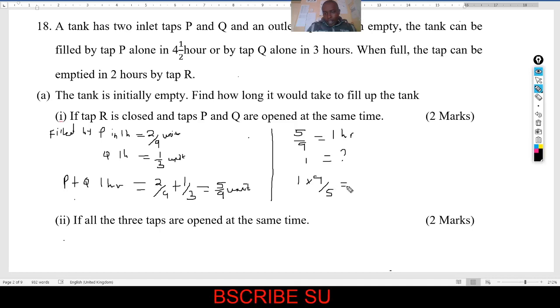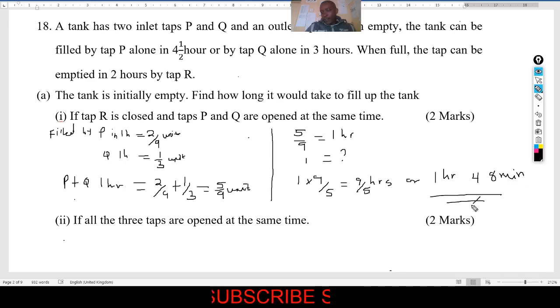This is the same as 9 over 5 hours, or in simple terms, if you divide it, it gives you 1 hour 48 minutes.